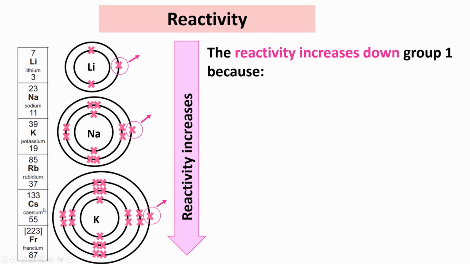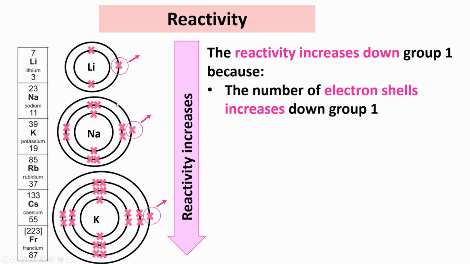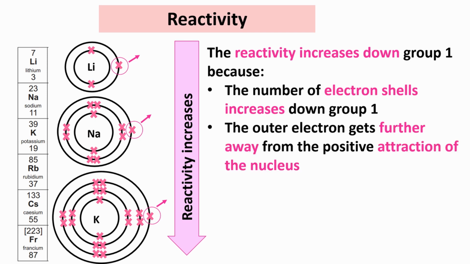So potassium is in period 4, sodium is in period 3, and so on. So the number of electron shells increases down group 1, and this means that the outer electron becomes further and further away from the positive nucleus. Remember, there is an attraction between the positively charged nucleus and the negatively charged outer electrons. Therefore, the weaker this attraction is, the easier it is to lose that electron.